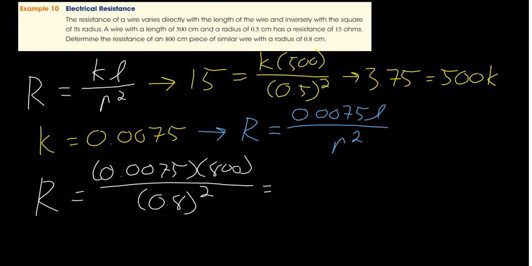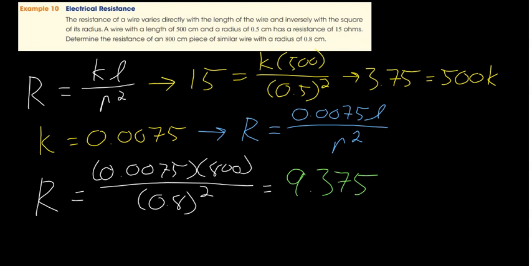The numerator turns out to be 6, and then we divide it by 0.8 squared, so we have 9.375.